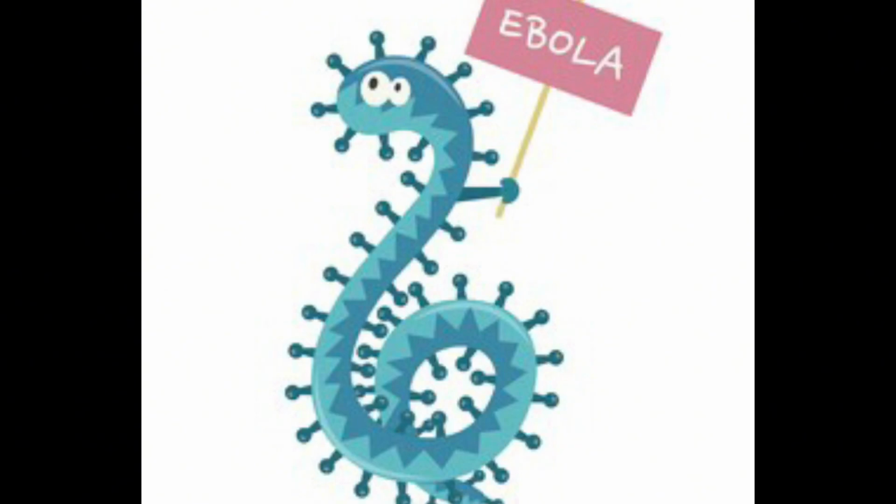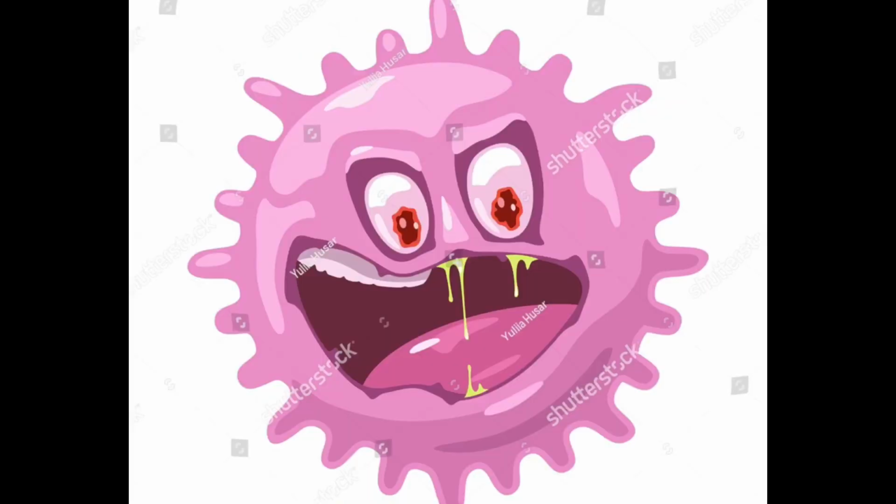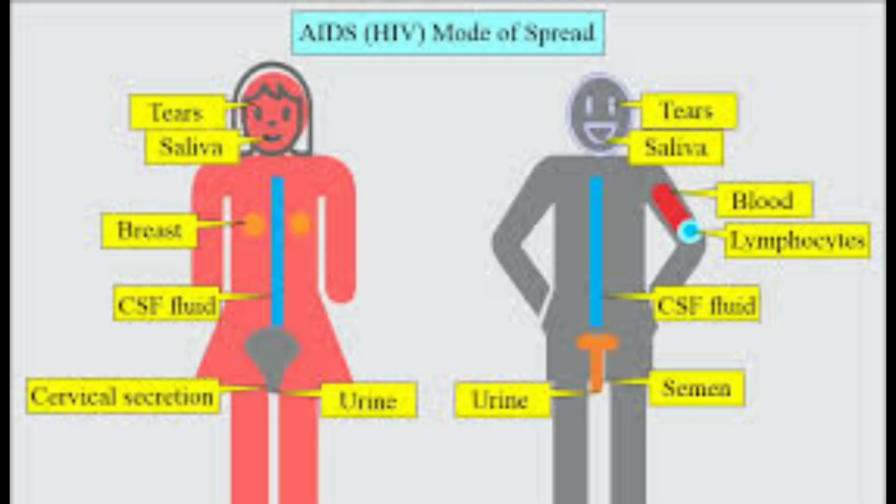Some viruses ay nakakamatay, gaya na lang ng Ebola virus which can have a mortality rate of more than 85%. At ang slow-acting but deadly human immunodeficiency virus or HIV na nakakakuha naman ng AIDS or the acquired immunodeficiency syndrome.